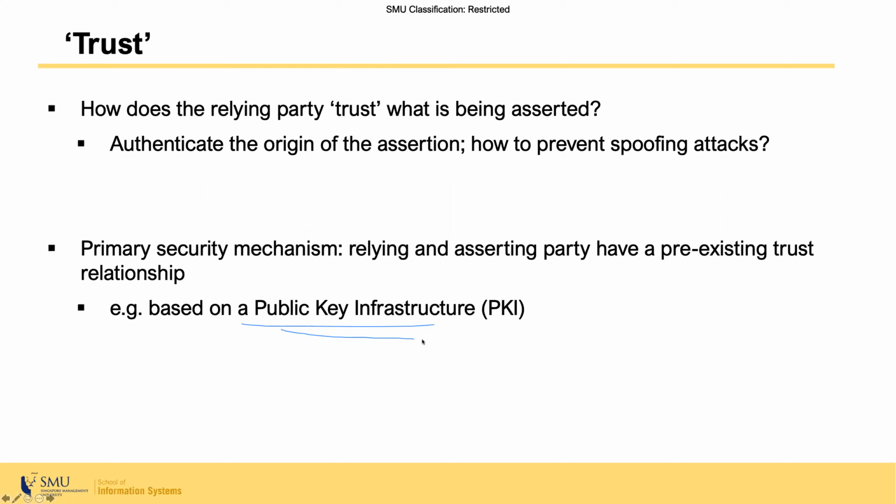And because whenever you use digital signature it involves the use of public key, it would essentially require the use of digital certificate. And that is how the relying party can trust what is being asserted by the asserting party.